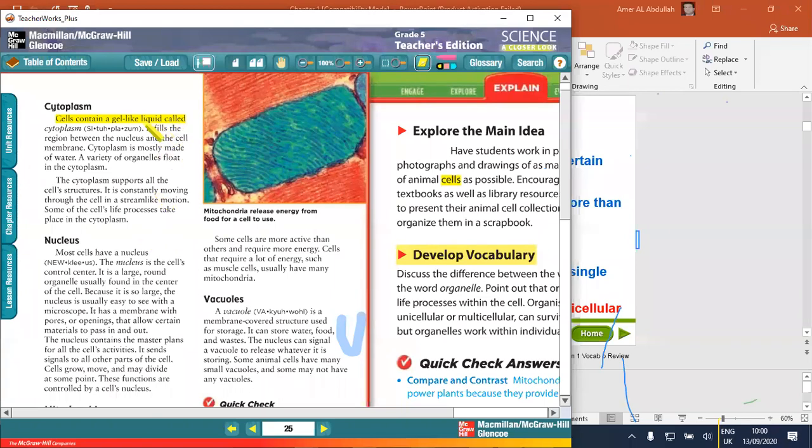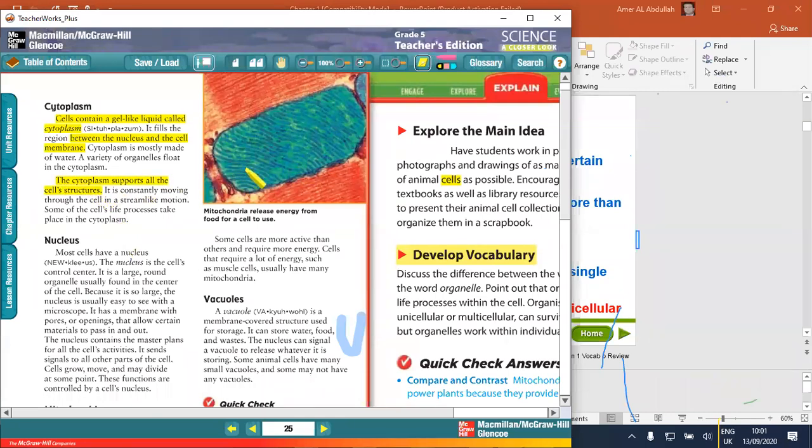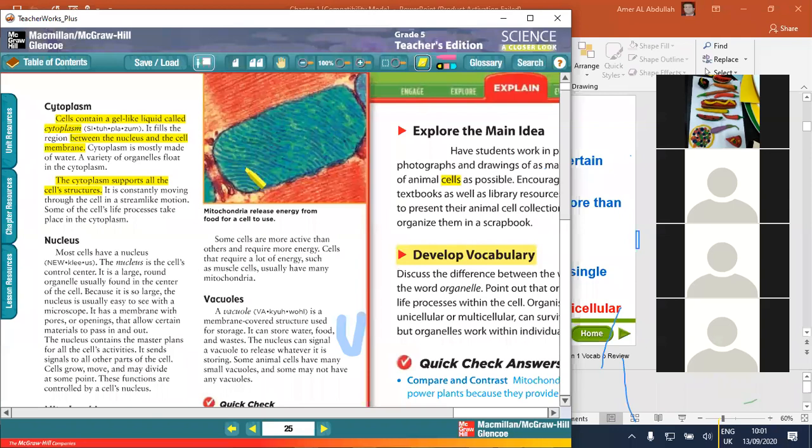Highlight the important points: a liquid called cytoplasm, it fills the region between the nucleus and the cell membrane, the cytoplasm supports all the cell structures.